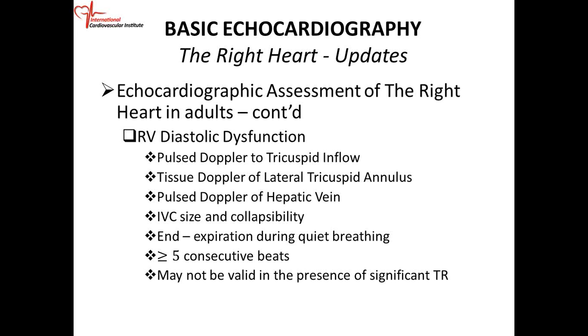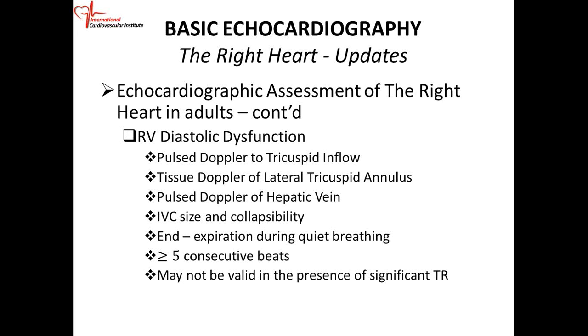You can also look at the IVC and its collapsibility, because remember the hepatic vein drains into the IVC, inferior vena cava, and depending on what's going on the right side, it will determine how well the inferior vena cava collapses with inspiration. Remember, the normal IVC, inferior vena cava, should collapse more than 50% with inspiration or with the sniff test.